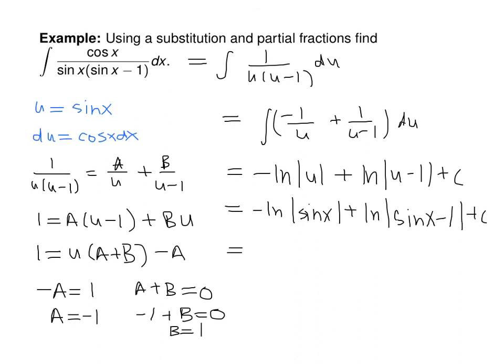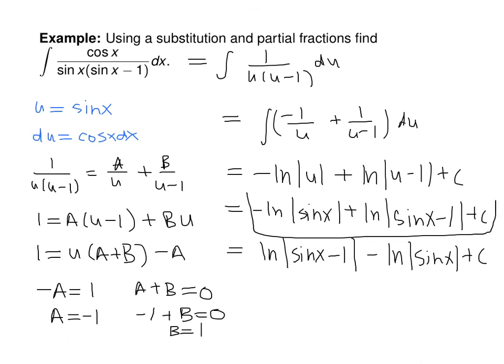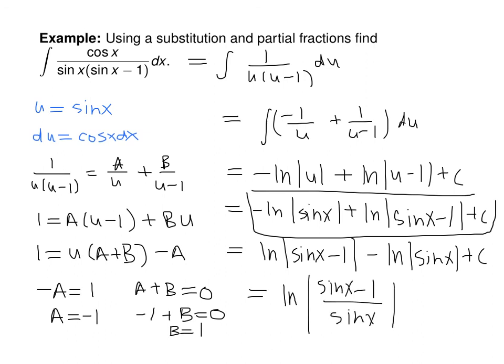And if I flip those around, I have ln of sine x minus 1 minus ln absolute value sine x plus c. So this is totally fine, like that's a completely correct answer, but just in case you are doing your homework and something simplifies funky and you're checking your work, you can combine these logs into the single log ln sine x minus 1 over sine x plus c.